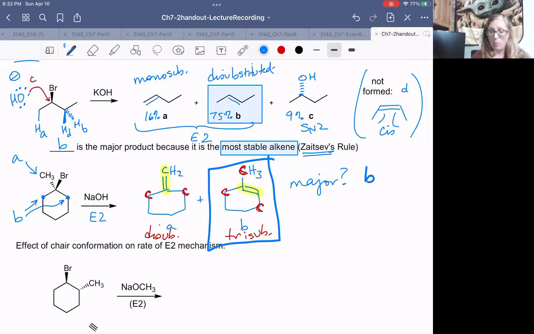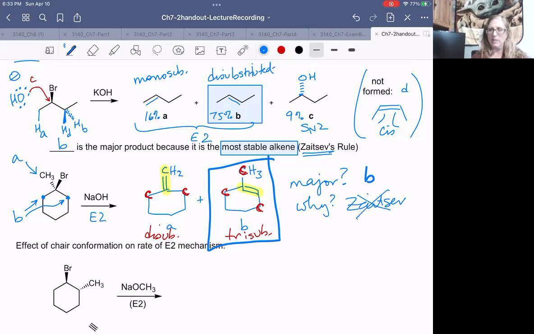Okay, now if I asked why is it the major product, remember, we're always going to have to be ready to explain. What is not an acceptable answer is to say, oh, because it follows Zaitsev's rule. You know, Dr. Zaitsev told me so. That's why it happens. That is not an explanation. That is, why does Zaitsev say A, right?